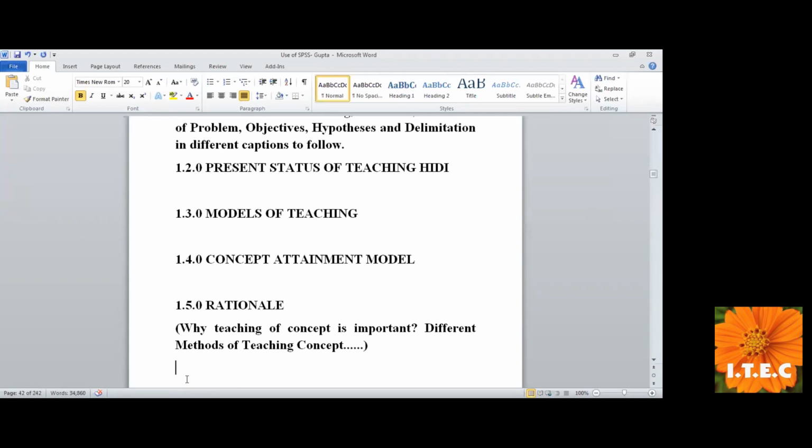But the gist of that is to be written here. Now, if you do not want to write a second chapter on the review of related literature, then that review of related literature should come before you write your rationale.